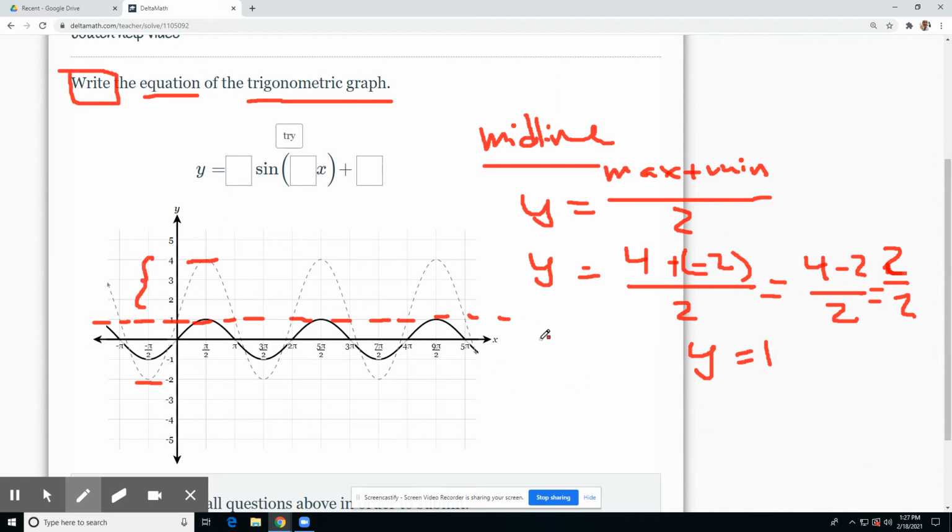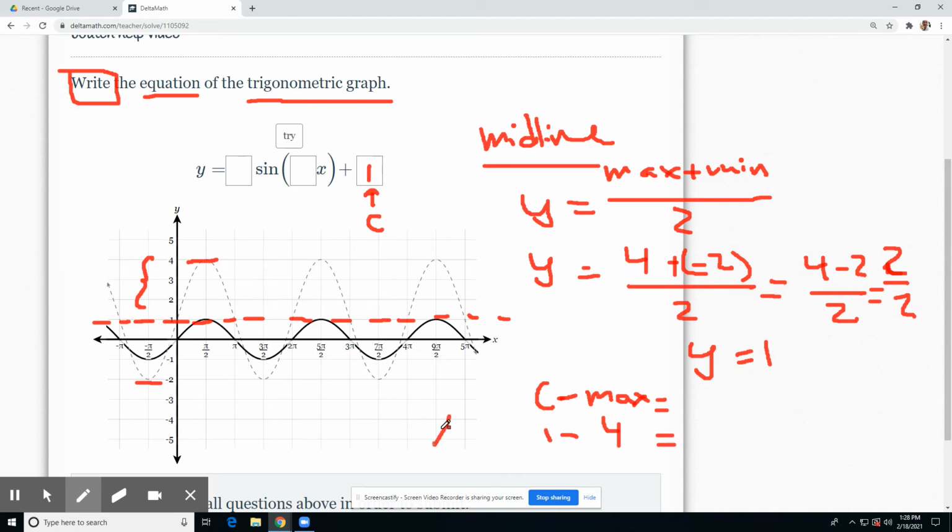Let's go ahead and use the amplitude equation. Our midline is C. The maximum is 4. So it'd be C minus the max. C is 1 right here, so it's 1 minus the maximum, 4.